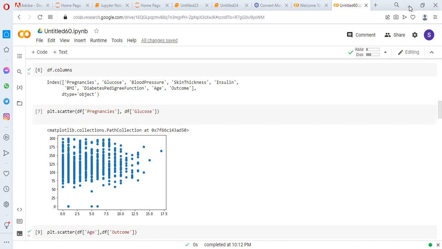Dichotomous means it is a classification problem, a classification analysis, where the actual values contain ones and zeros. If these parameters are present, I assign it as 1.